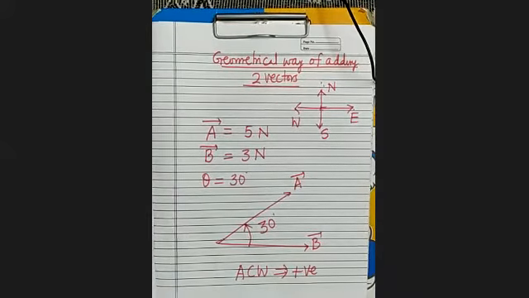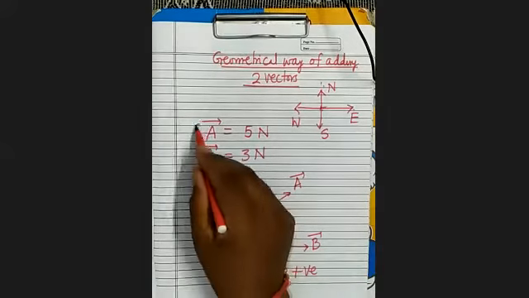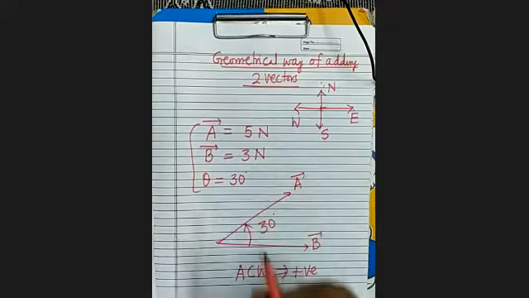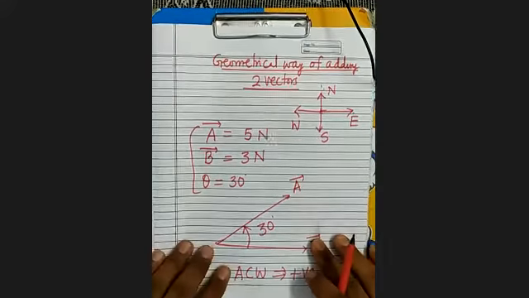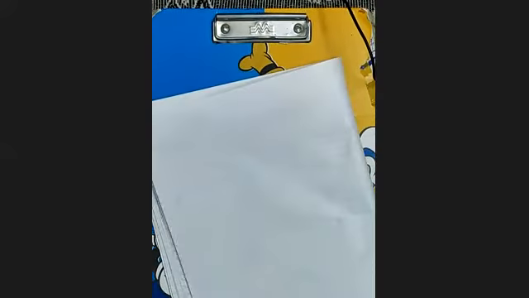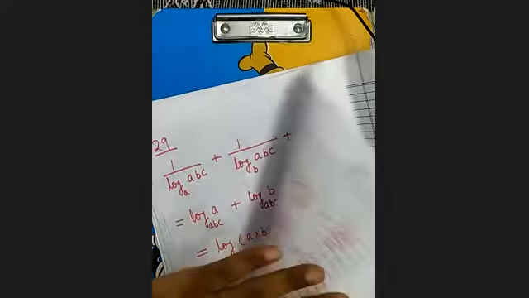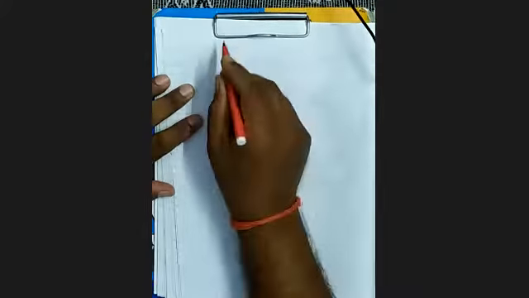Now see here, how will you add these two vectors which are acting at an angle of 30 degree to each other? So we will assume a scale here. Here you can see vector A is of 5 Newton.